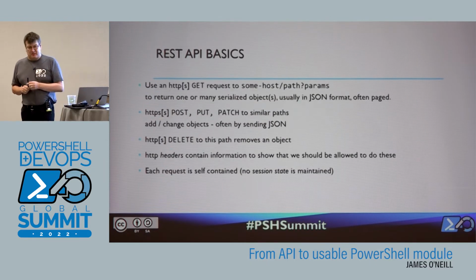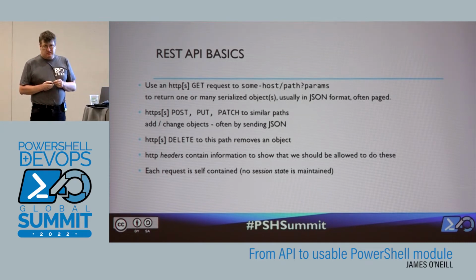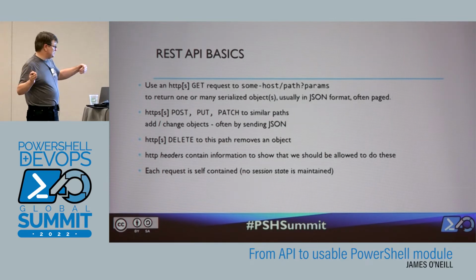So some quick basics on REST APIs. We kind of take REST APIs for granted a lot these days, but to get everybody on the same page, typically we're sending a GET request if we want to read information, so it's going to some host and some string of parameters, and we get an object back, or we get multiple objects back.